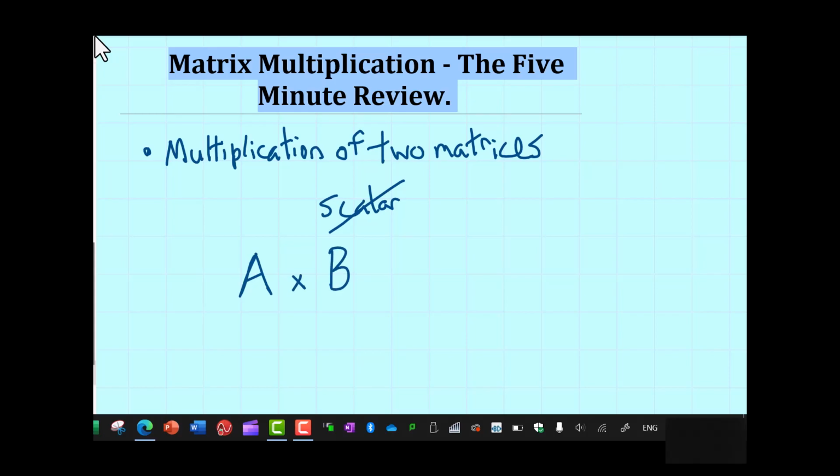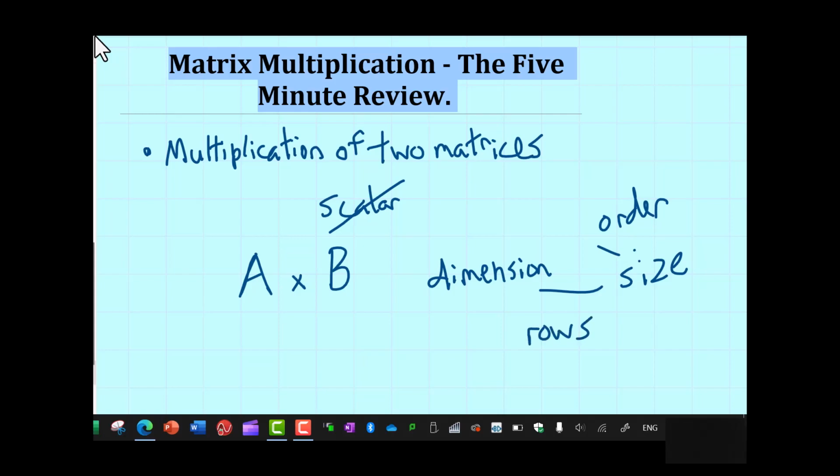and for each of them, we need to look at their dimension or the order. It means the same thing, and that basically refers to the size of the matrix: the number of rows by the number of columns. Remember that? Rows by columns.